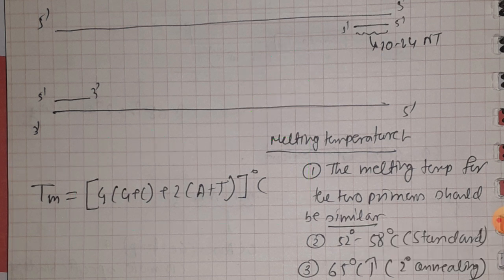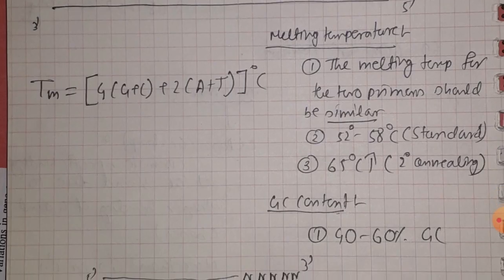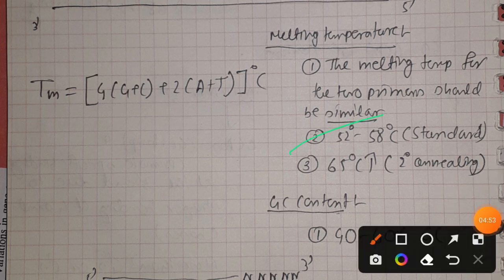Okay, and I will also try to explain with the help of an example how you can use this formula. So a melting temperature of 52 to 58° centigrade is the appropriate one, and we also use 65° centigrade, but above 65° centigrade could be detrimental, because remember, a melting temperature above 65° centigrade will promote secondary annealing.